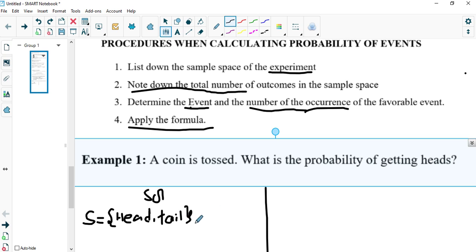Because these are the only possible outcomes, that's the correction. It's a set because there is no other outcome that can be observed apart from these two. So this is step number one.